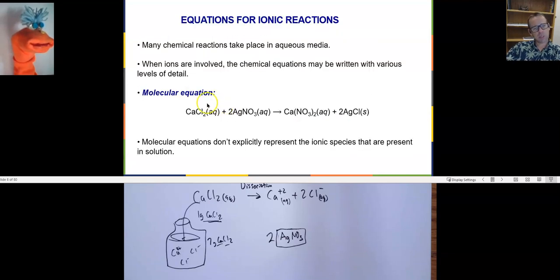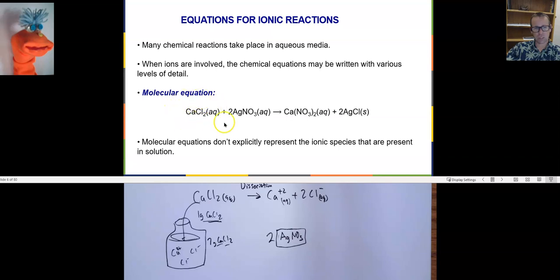We call this the molecular equation, and that's a horrible name because why do you think I think that's a horrible name? Because those aren't molecules? That's right. These aren't molecules. I prefer to call it the initial equation, but the molecular equation is the official name. What the molecular equation is showing us is a recap of what's occurring.